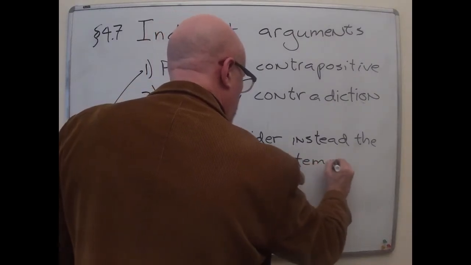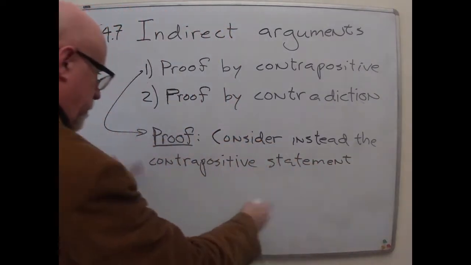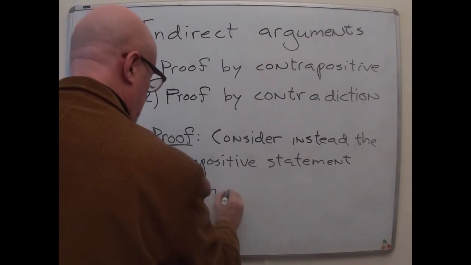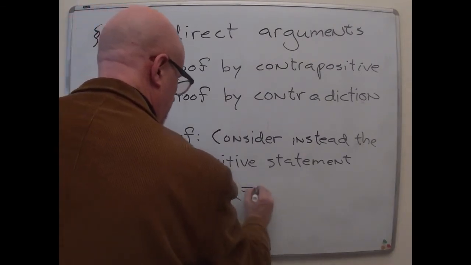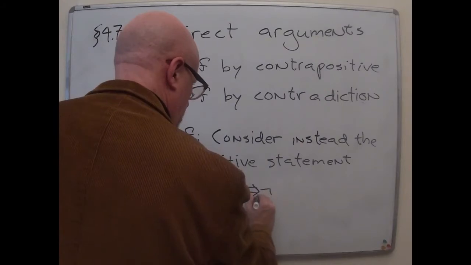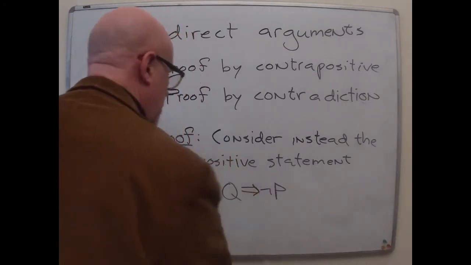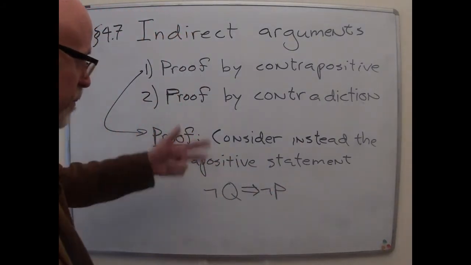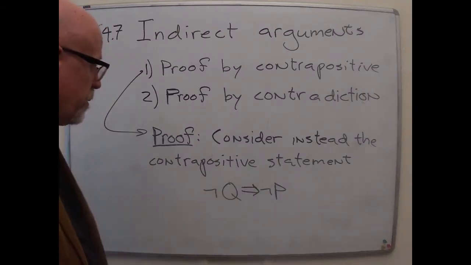And then you'll write down whatever the contrapositive statement is. And generically, it'd be something like not Q implies not P. In different particular situations, this would be different statements.